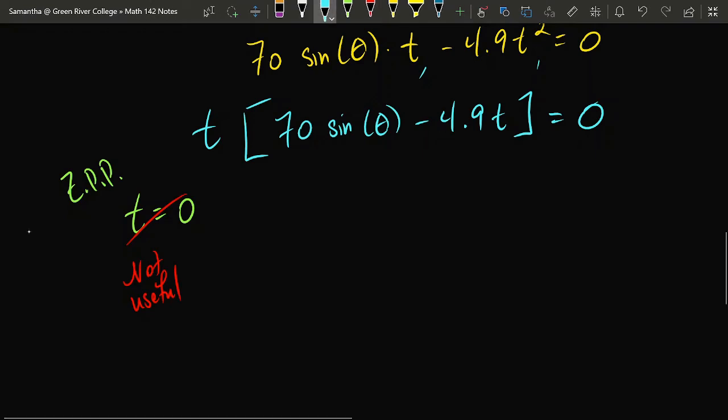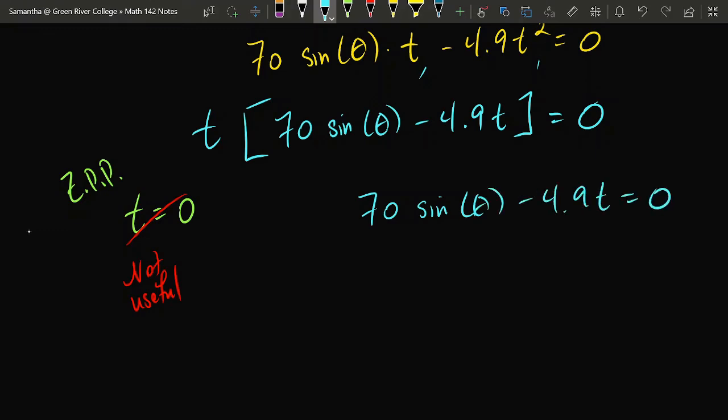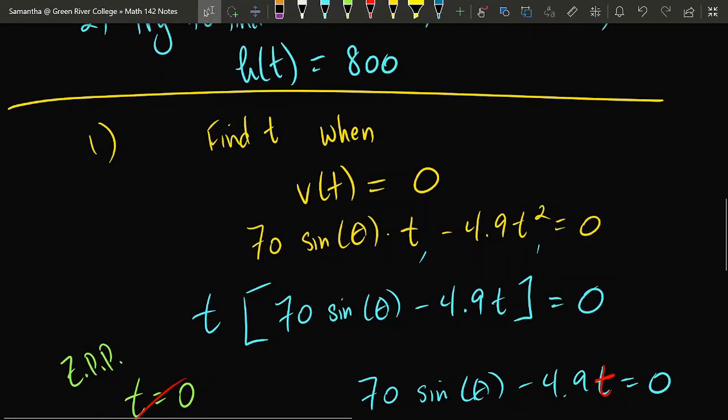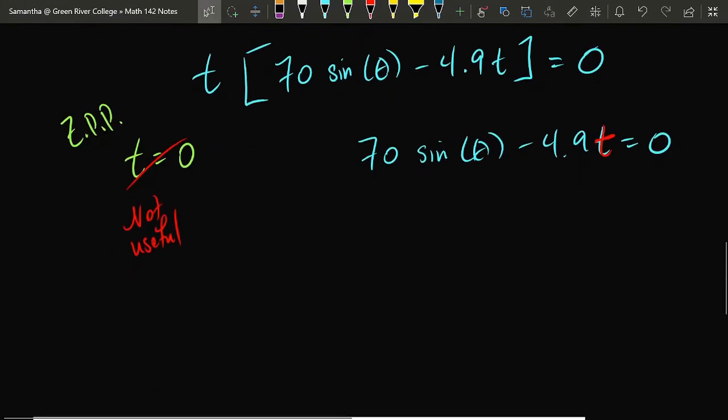The other possibility is that the other factor, 70 sine of theta minus 4.9 t, is equal to 0. So let's take this expression and isolate t. Again, we're trying to find the time. We're trying to find t when the object's vertical position is 0, because that's when the object will have hit the ground.